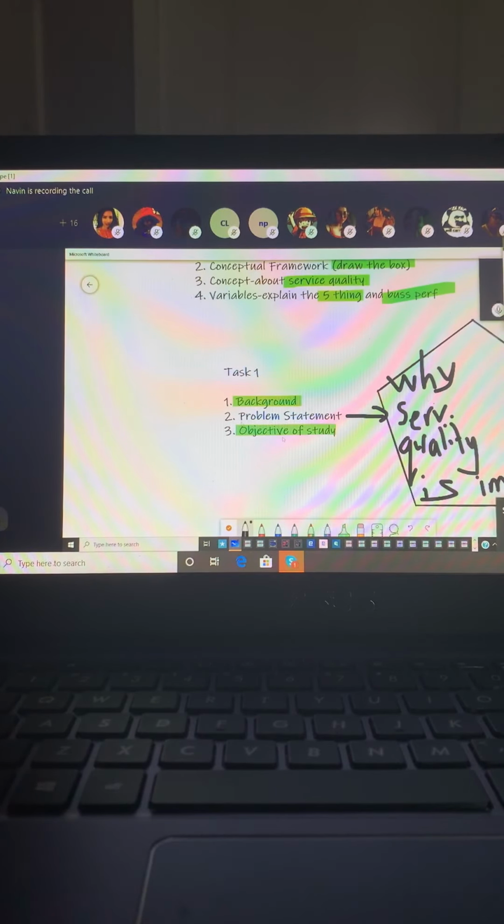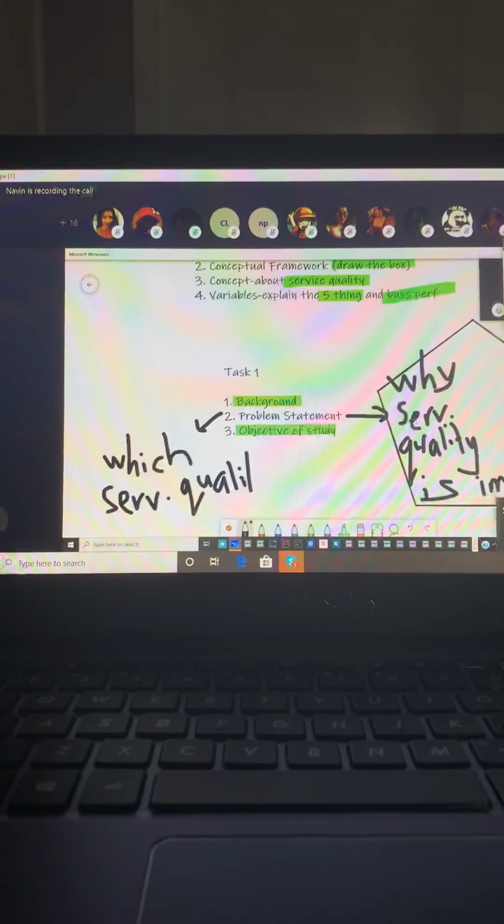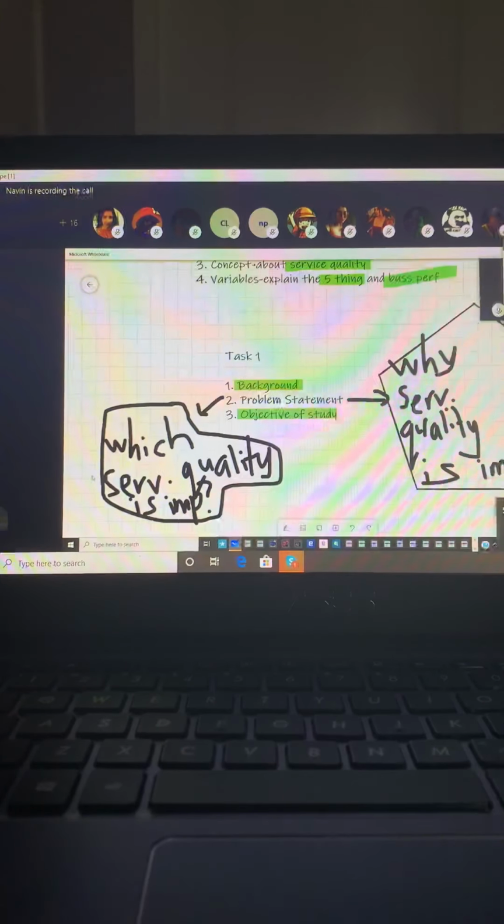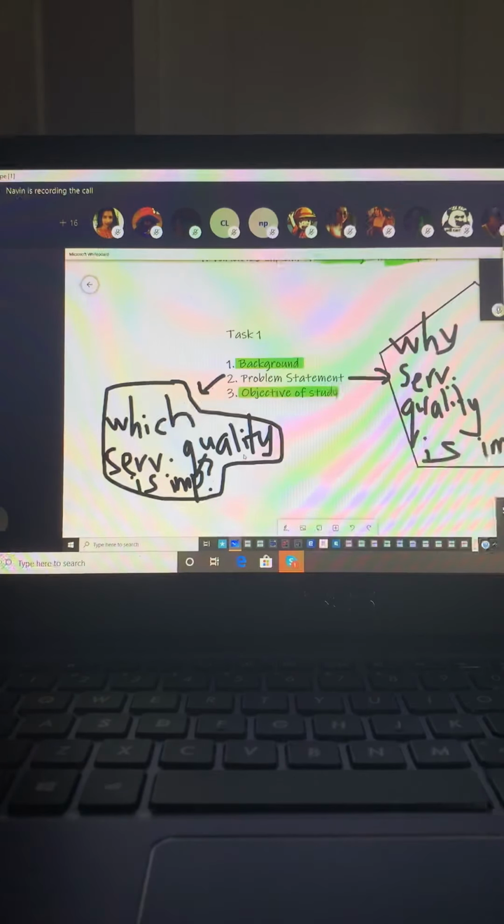Okay, the next problem statement is which service quality is important, because service quality we got 5 things, right?